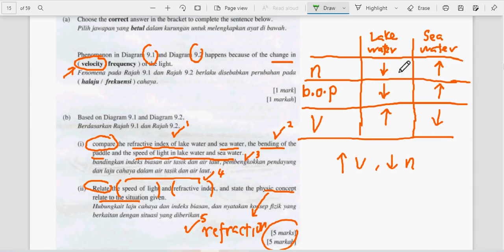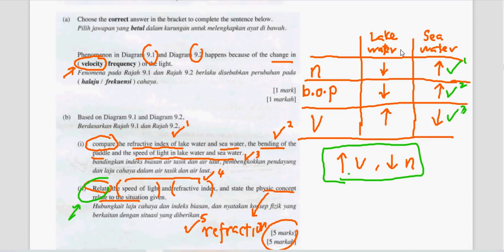So this is considered as a full sentence. So when like this, so here is your mark number 1, tick 1, and then this is tick 2, this is tick 3. And then when you want to relate relationship, write outside the table like this. Alright, like this. So the greater the speed of light, the smaller the refractive index. So this is tick number 4. Now, for the relationship question, do not write about the lake or the sea water.